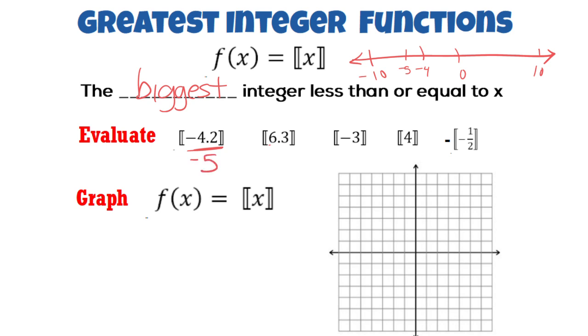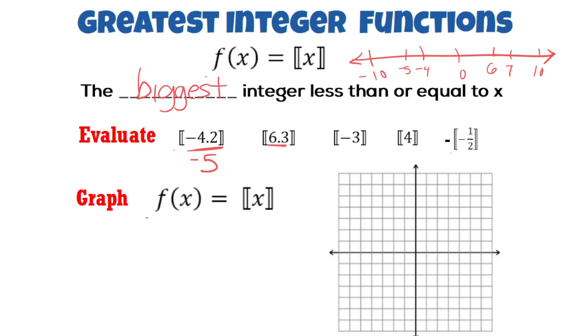Okay, let's look at this greatest integer function for a 6.3. A 6.3 is out here somewhere between a 6 and a 7. So here's my 6.3. I want the biggest integer, the closest one, that's less than or equal to x. So I can't go to the right because those are bigger. I want it to be less than. I'm always going to go left.